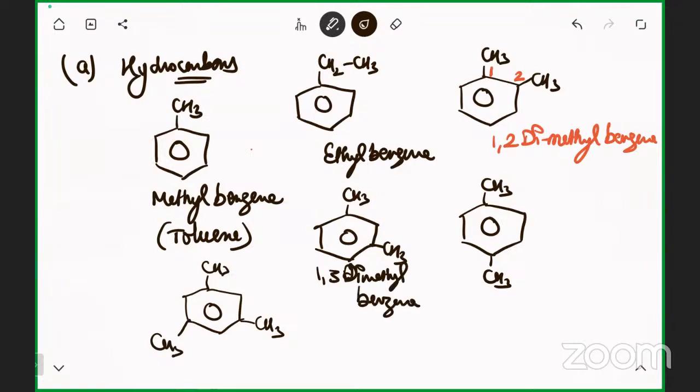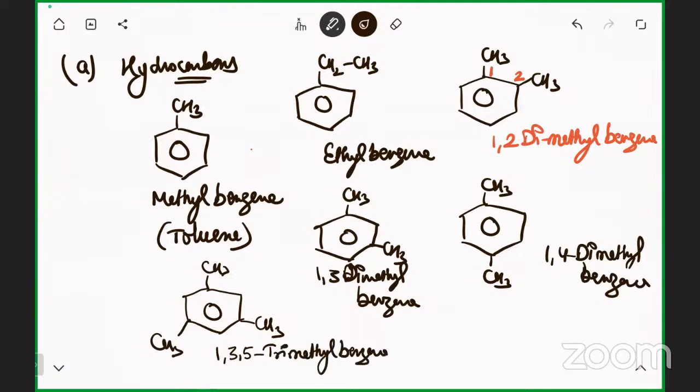This one next: 1,4-dimethyl benzene. Okay, this one: 1,3,5-trimethyl benzene. See, you guys are very smart.